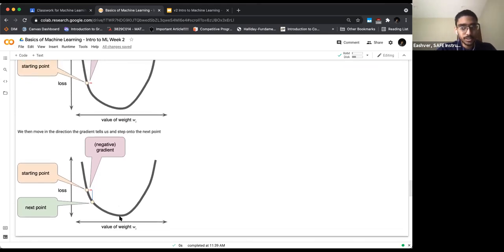Does everyone understand what we just did? The big thing to understand is that we're stepping down this curve until we reach the minimum. It's not necessarily the math, but stepping down.